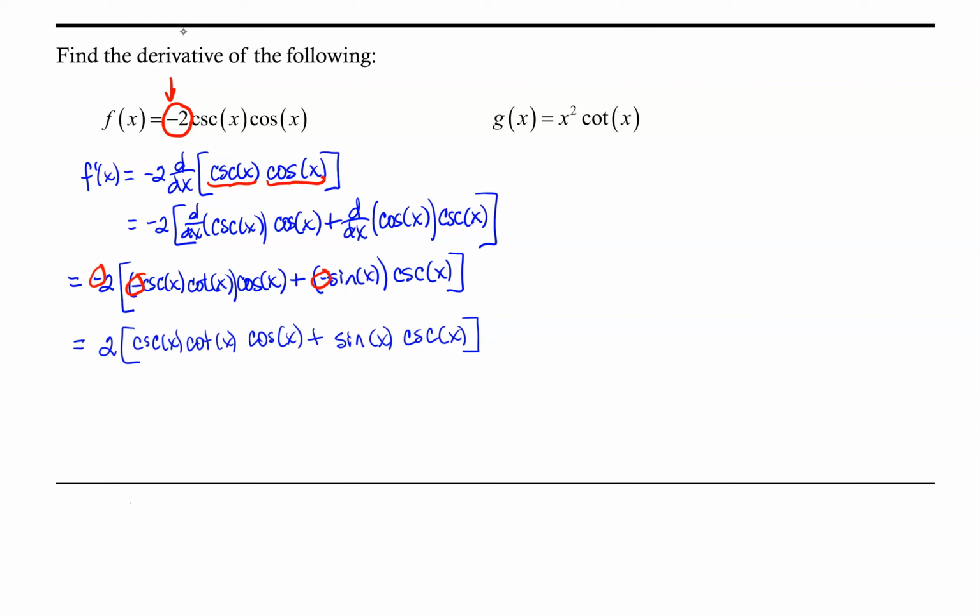That's most easily done by turning the cosecant and cotangent functions into sines and cosines. So we'd have 2 times 1 over sine of x, cotangent is cosine of x over sine of x, times cosine of x, plus sine of x times 1 over sine of x.